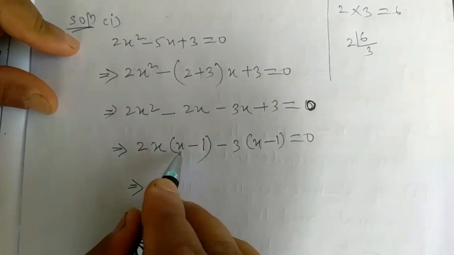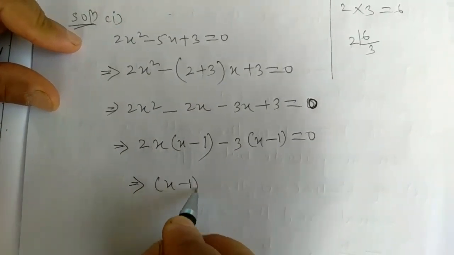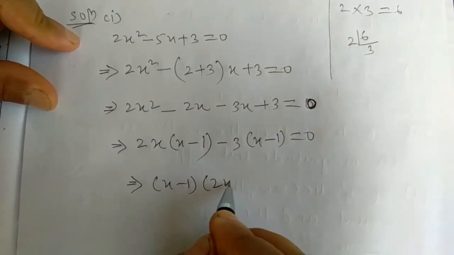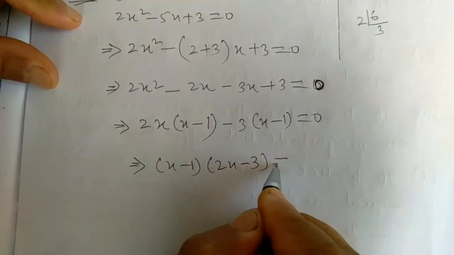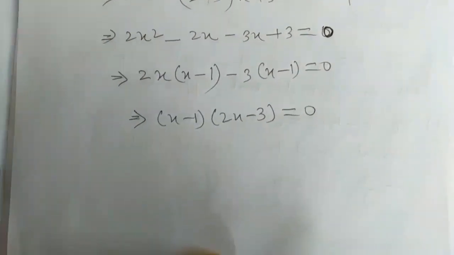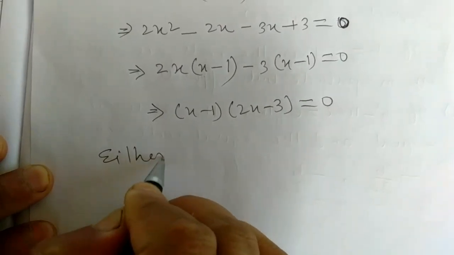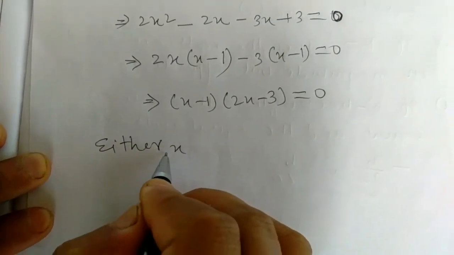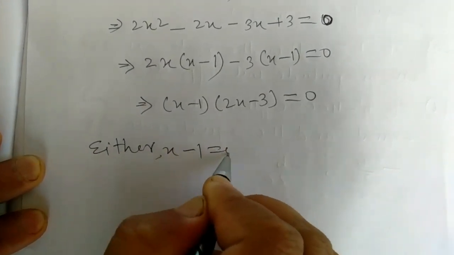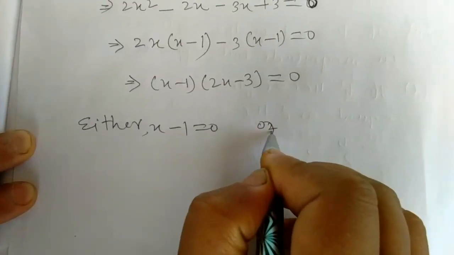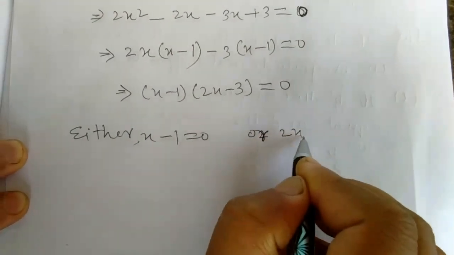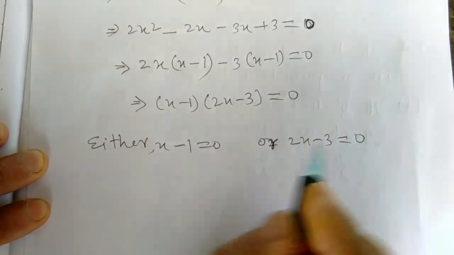Now to make groups, the inside one is one group, the outside one is another group, equal to 0. After that we write either x minus 1 equal to 0 or 2x minus 3 equal to 0.